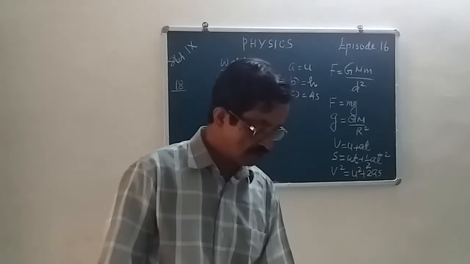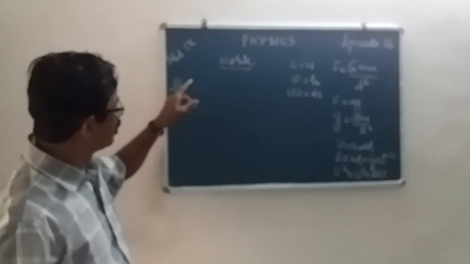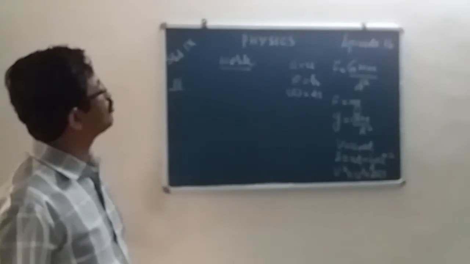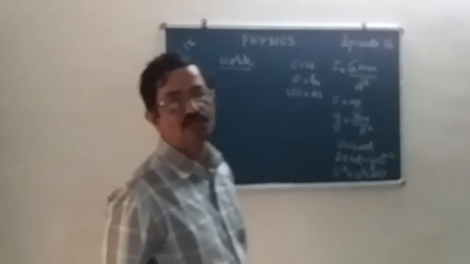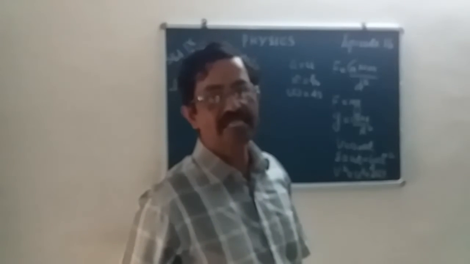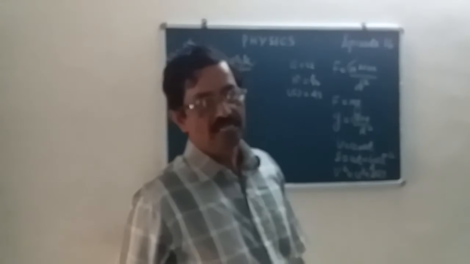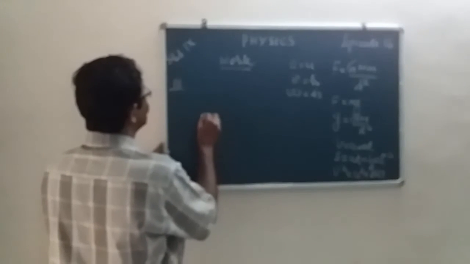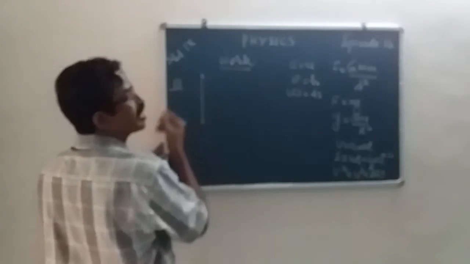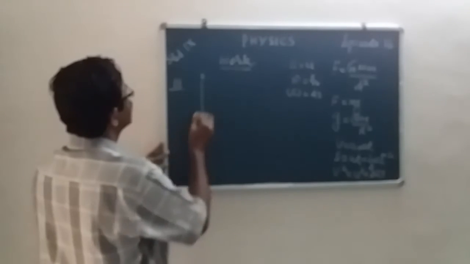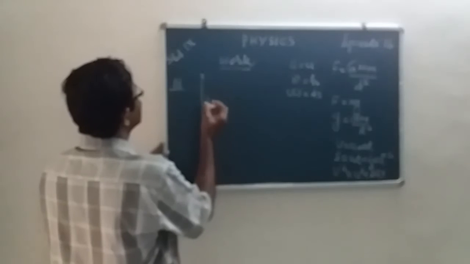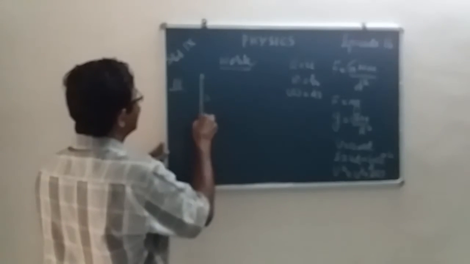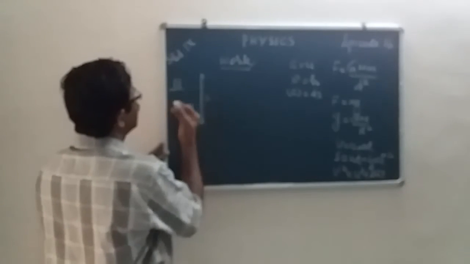First of all, the ball is thrown vertically upwards and it returns to the thrower after 6 seconds. That means to travel from here to the top, it takes 3 seconds. Then again to return here, it takes 3 seconds.